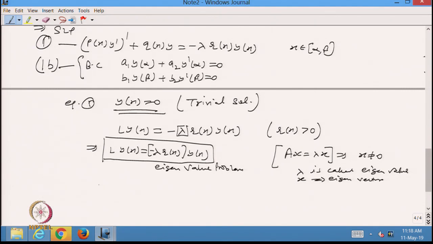Now, the question is, where is this r(x) coming from? So, let us take one example.